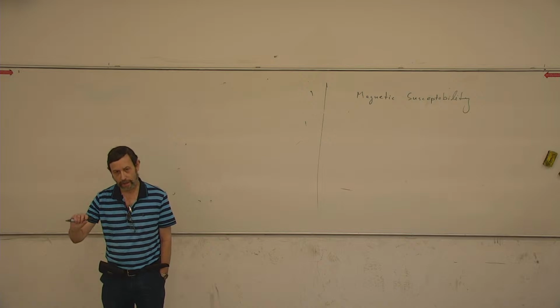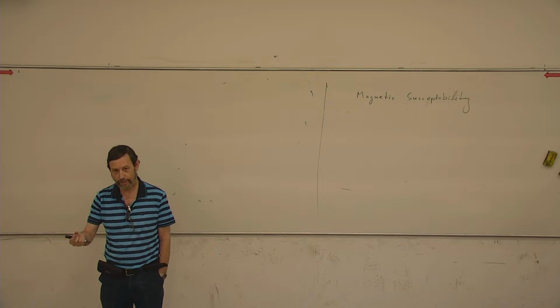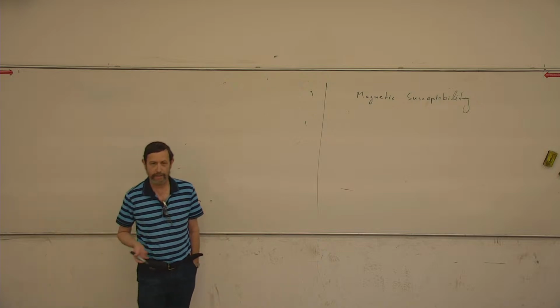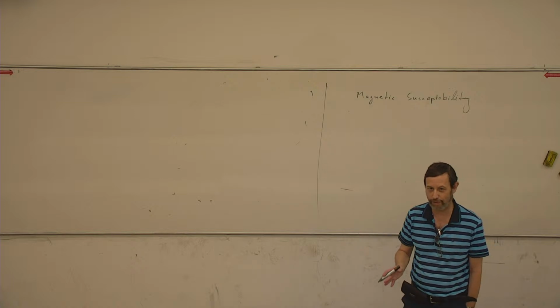I apply a magnetic field and I want to see what is the magnetism. Conductance: I apply an electric field and I want to see the flow of electrons. Basically, I kick the material and want to see what is the response.